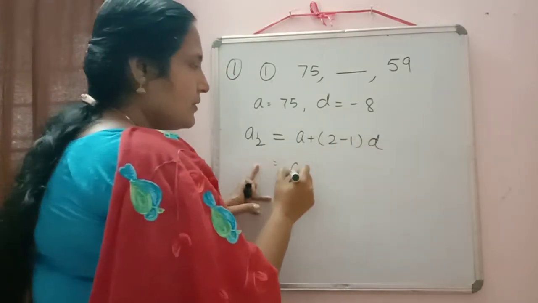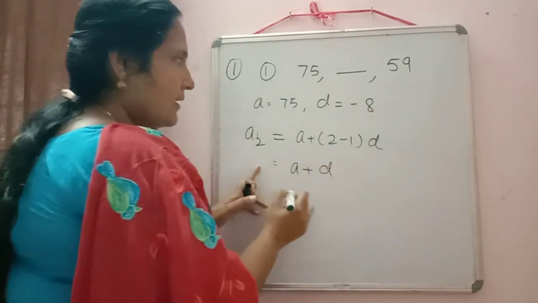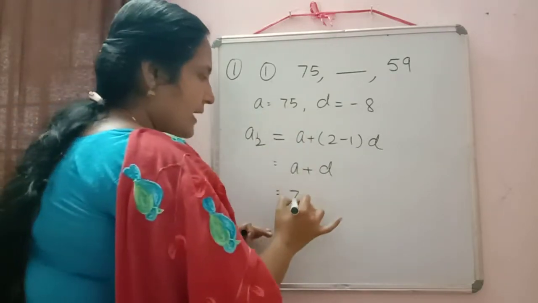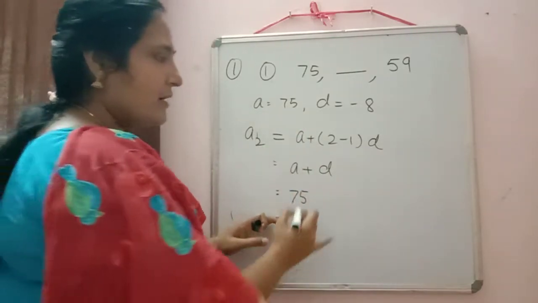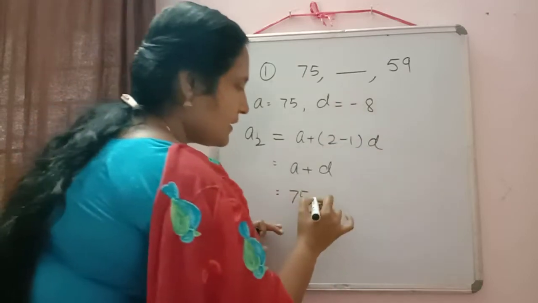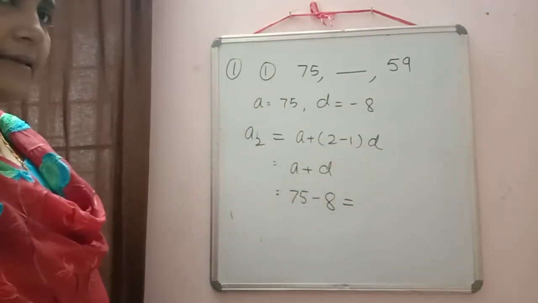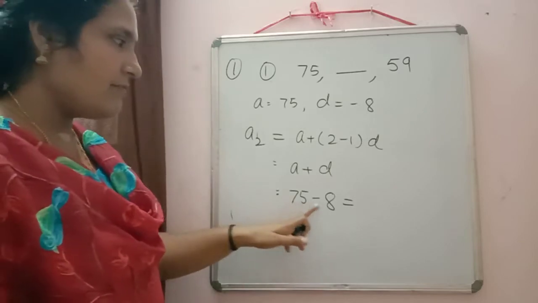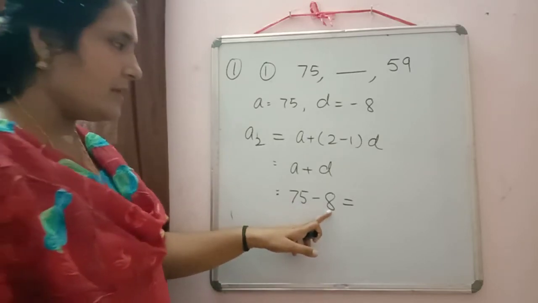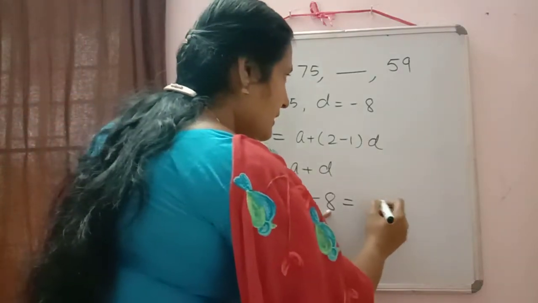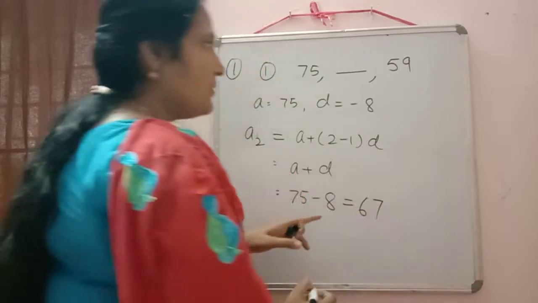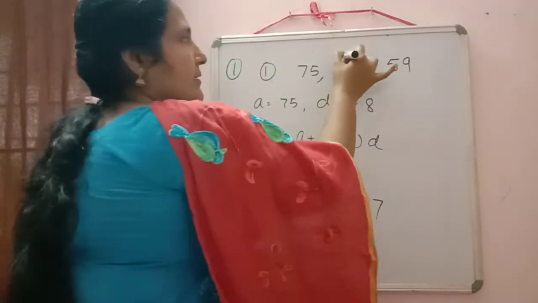So it will be equal to a plus d. Now substitute the values: a is equal to 75 and d is minus 8, so plus and minus will be minus. 75 minus 8, check how much it will come. 15 minus 8 will be equal to 7. So it will be equal to 67.